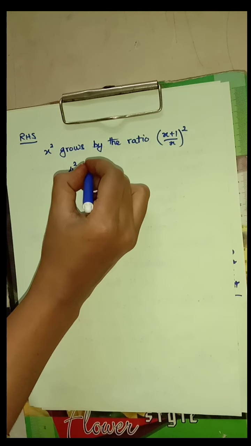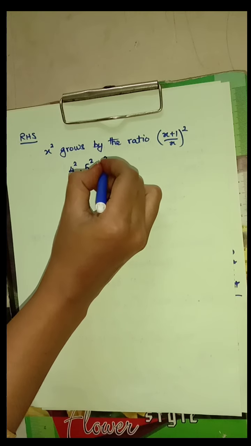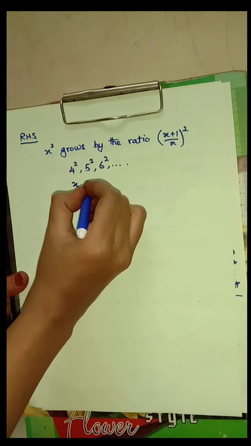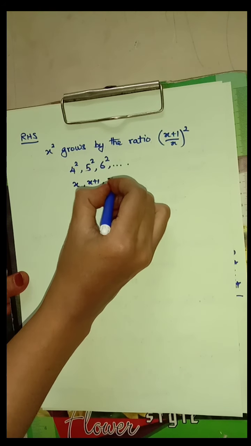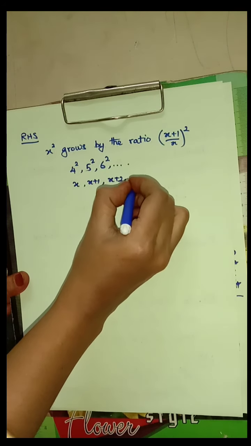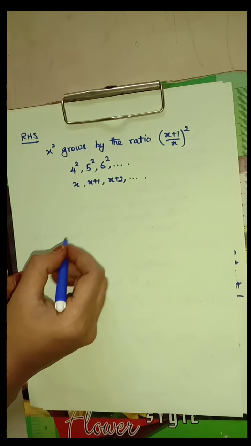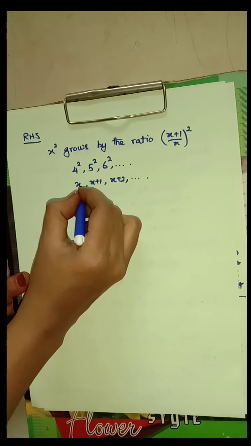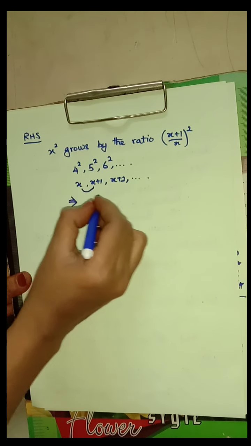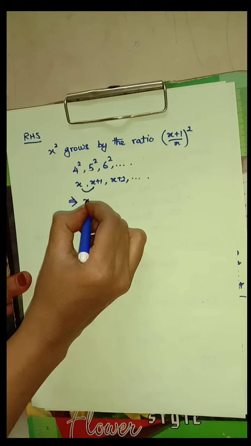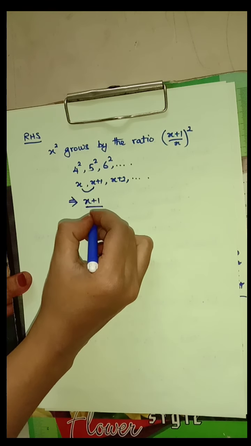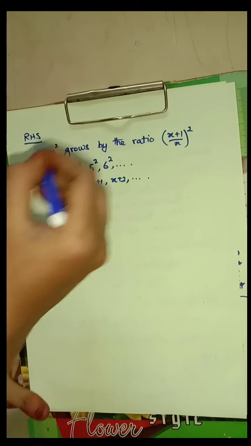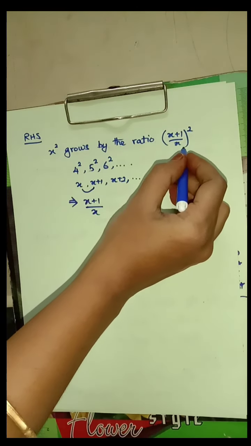Then x is equal to 5 means 5 square, 6 square, etc. So initially x, then x plus 1, then x plus 2, like so the values increase. So the difference between the previous value and the first value will be in the range of x plus 1 by x. So the values grow by the ratio of x plus 1 by x whole square.